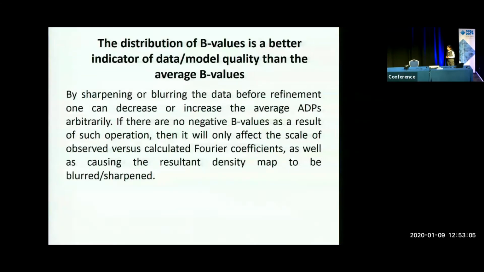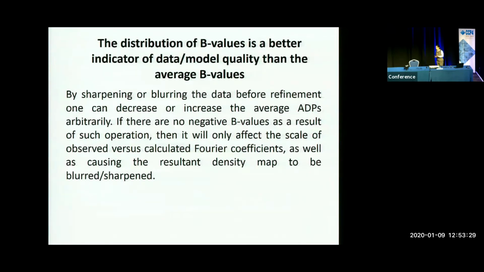B-values reflect the combined information about uncertainties of atoms, their mobility, as well as the resolution and noise in the experimental scattering data. One of the problems with absolute B-value is that if one adds or removes a constant B-value to or from all atoms, the average B-value will change accordingly.